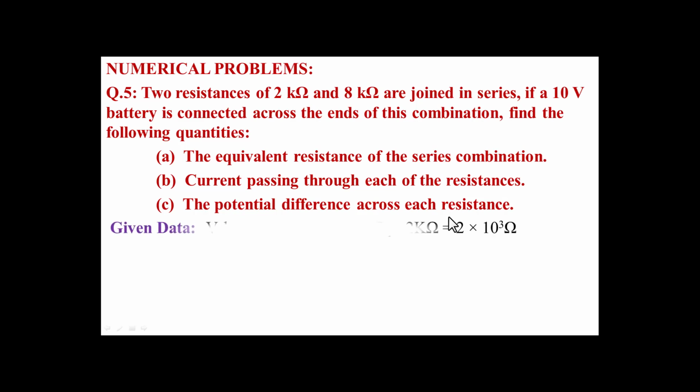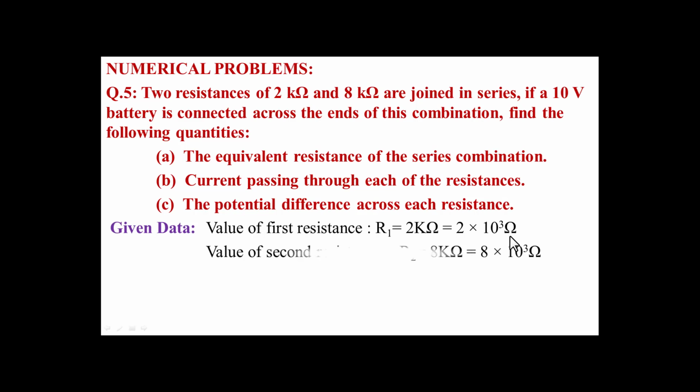Now we will write the given data according to the given statement. The value of the first resistance R1 is equal to 2 kilo ohm. 1 kilo is equal to 10 raised to power 3. So R1 is equal to 2 multiplied by 10 raised to power 3 ohm.